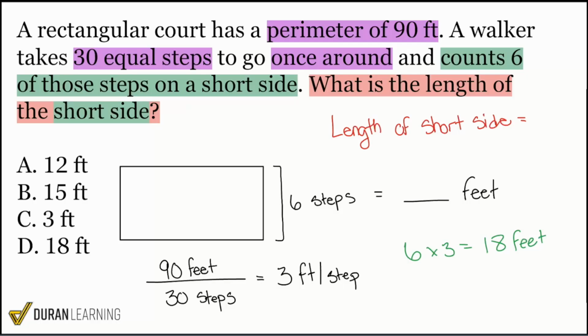This one was done very quickly with just ignoring the perimeter as the formula and thinking about perimeter as the idea. And there we are. Great job, everybody. The answer here is answer choice D, 18 feet.